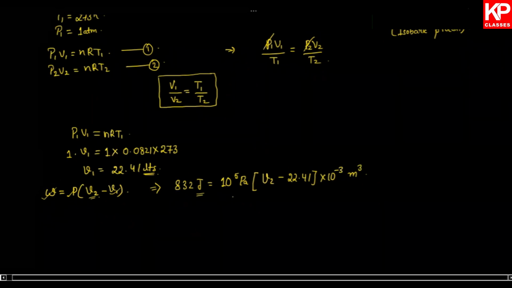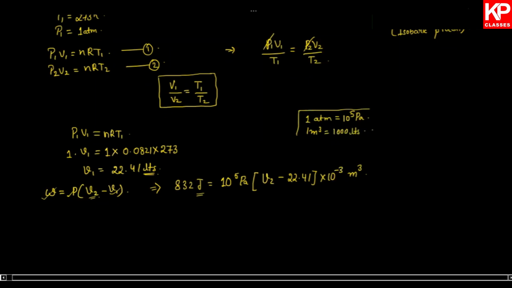I hope everyone knows how the unit conversions work. 1 atm is equal to 10 to the power 5 pascals, and 1 meter cube is equal to 1000 liters.